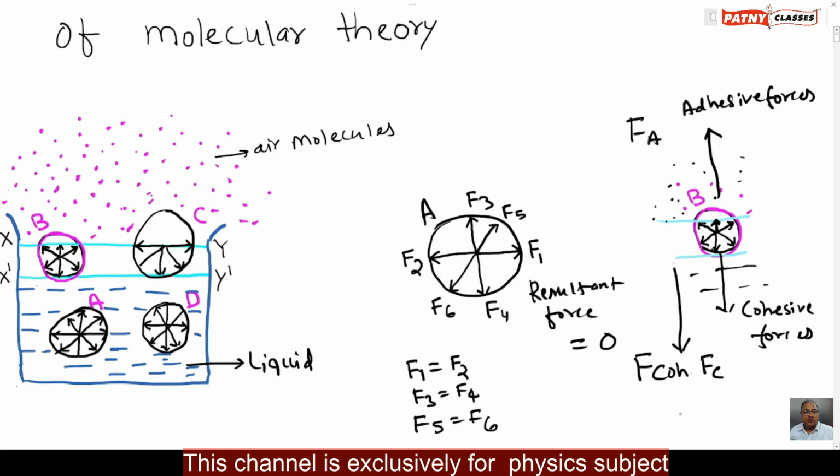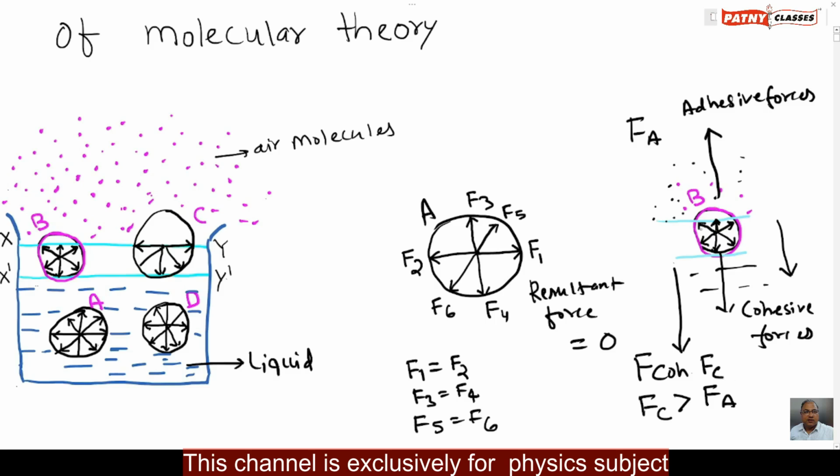So on molecule B, the cohesive forces are stronger compared to adhesive forces, and because of this, molecule B is acted upon in the downward direction. It is pulled inside. It is attracted by other liquid molecules towards the inside of the liquid.